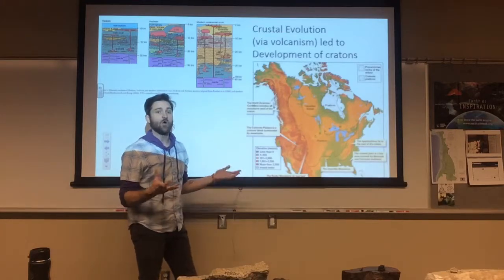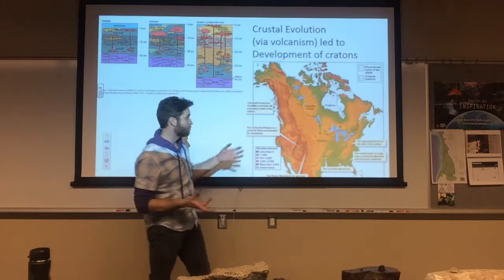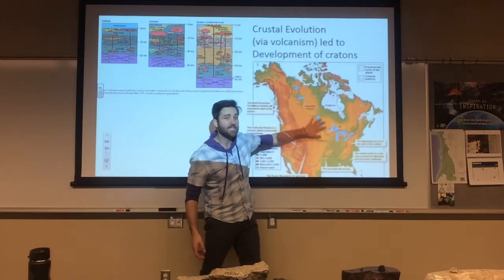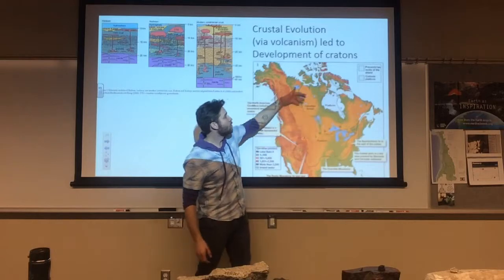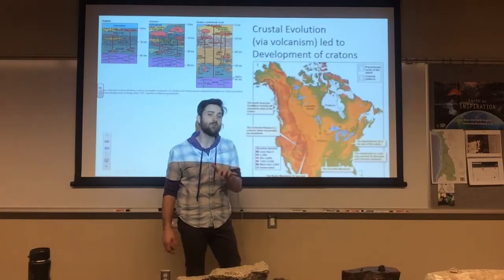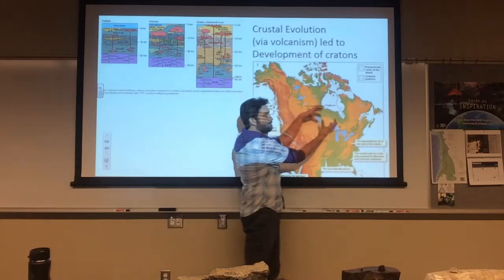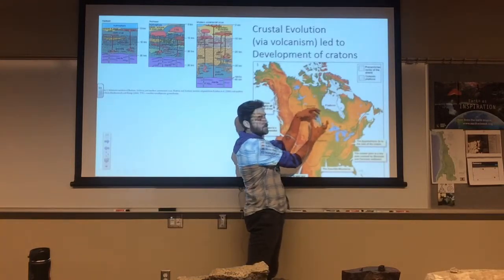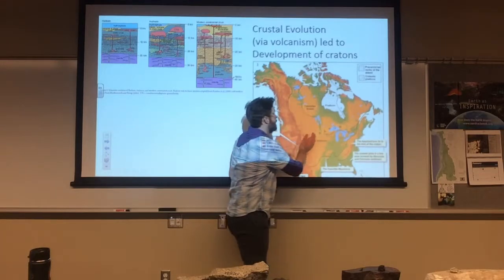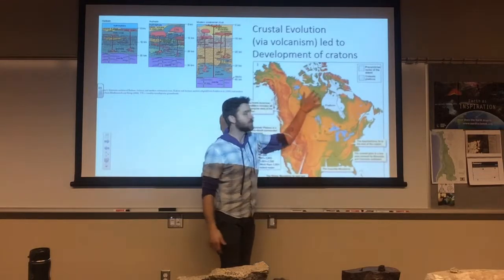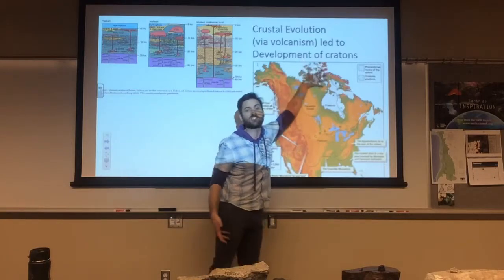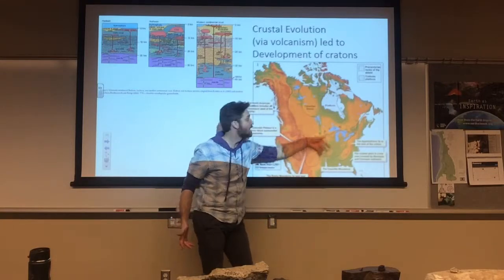Here in North America, what we call the craton is the area up here, partially the Canadian Shield, which is exposed craton, or the exposed metamorphic rocks that make up the core of this continent. Okay, then it's the shield, and they're exposed because of the Pleistocene glaciation that had scoured all of this stuff.